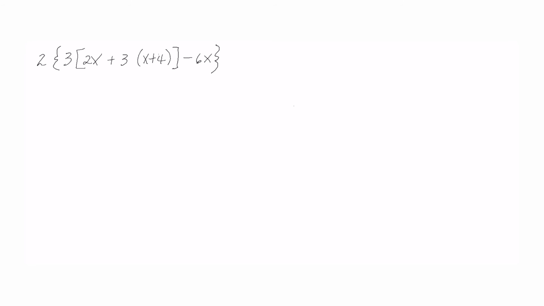So inside of all of this, we have 3 different grouping symbols here. So let's work from the inside out. So we're going to go ahead and distribute the 3 to both of these expressions here. So that's going to give us 3x plus 12. Just bring everybody else down. So now we can combine these two terms.